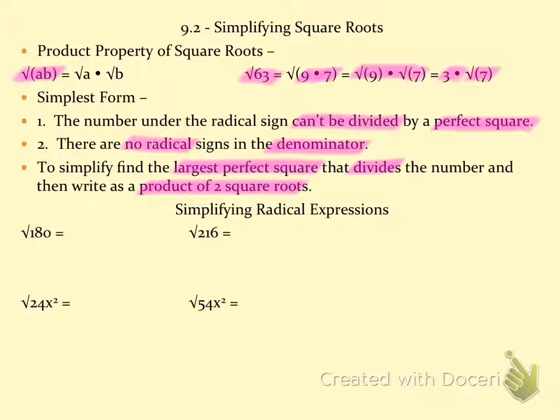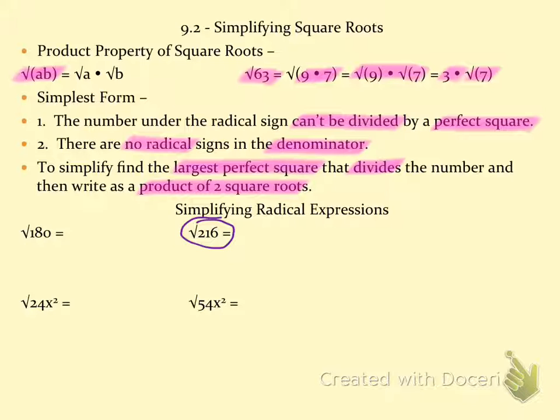I'm going to do the first example here with the square root of 216. I can go through my list of perfect squares. So 216 divided by 4, which is a perfect square, gives me 54, but I can find a larger one.